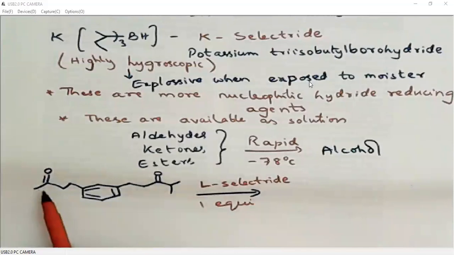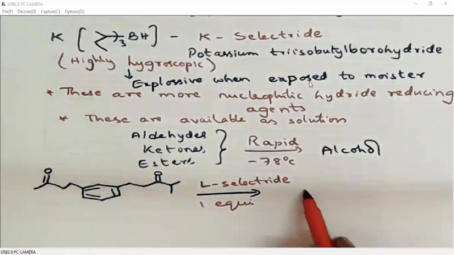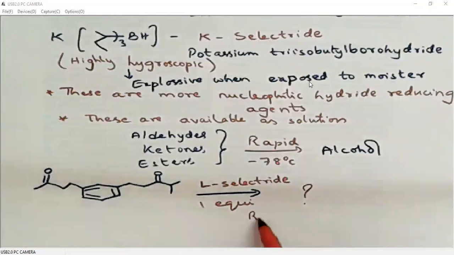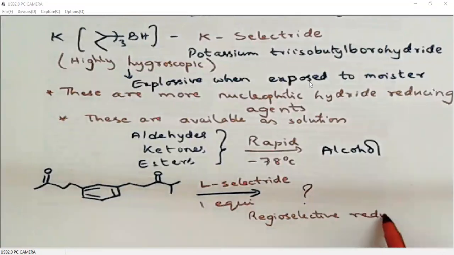So only this carbonyl will undergo reduction. So it will give an alcohol. I'm not writing the product, okay. So this ketone will be intact, whereas this ketone will become an alcohol. So it is called regioselective reduction. What is regioselectivity?